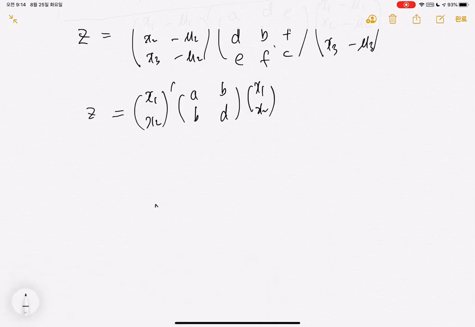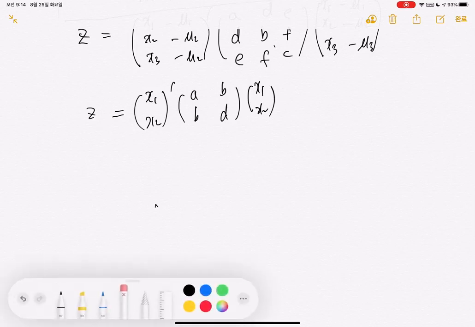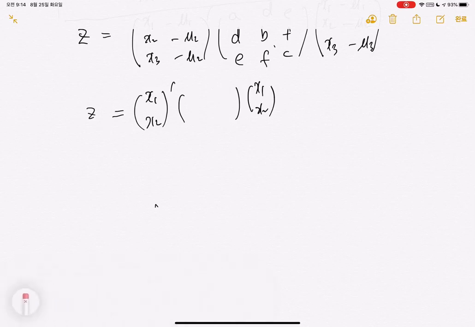Okay. All right. Can you visualize this quadratic form? Let's think about the simplest case. Consider the identity matrix. Then this becomes x1 squared plus x2 squared.